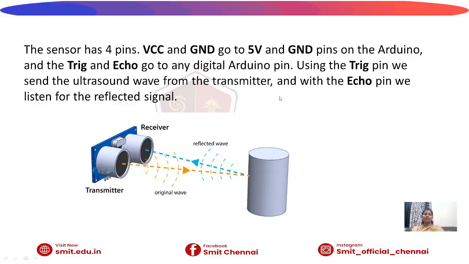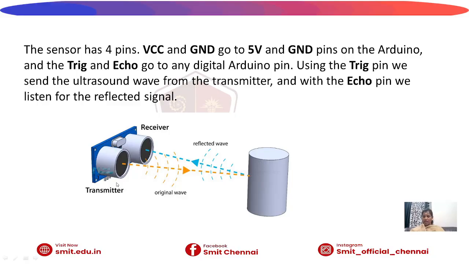If I say the sound is A, that is the transmitter, the ultrasound wave. If I get the echo of sound A, that is the reflected signal, and that pin will be the receiver. Here is the original wave. The original wave is indicated in orange and the reflected wave is indicated in blue, right?